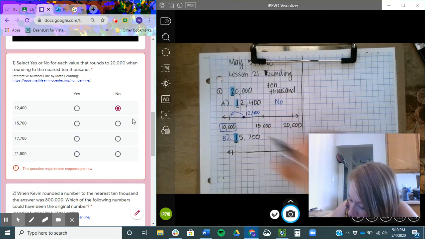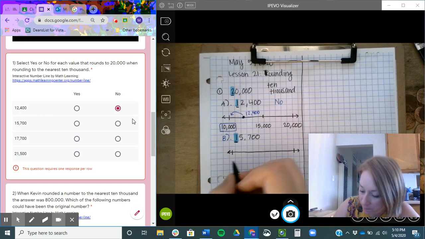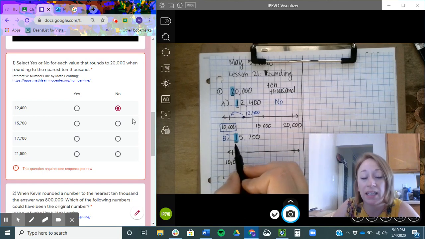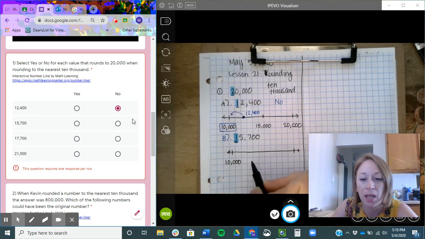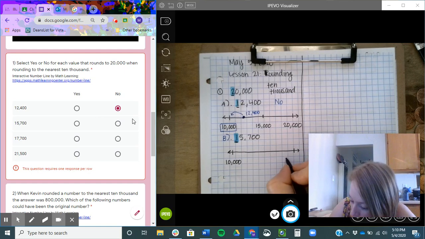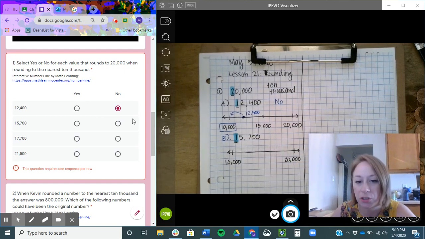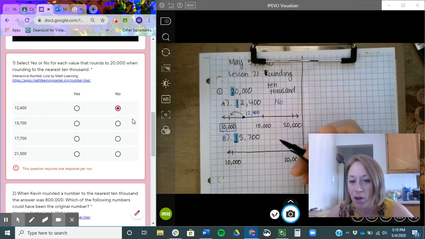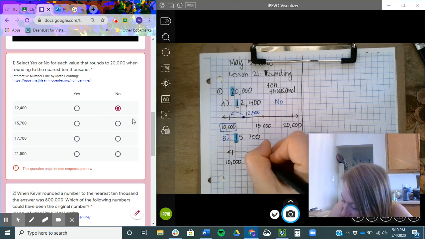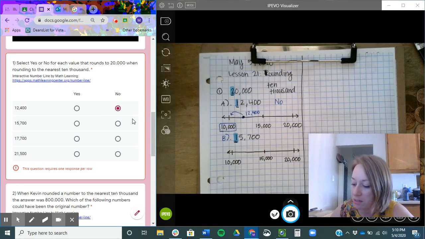Label the beginning and end. The beginning is 10,000 because it's what is in the place that we are rounding. Then we label the next 10,000, which is 20,000. Go ahead and find the midpoint. The midpoint, similar to the other example, is 15,000.